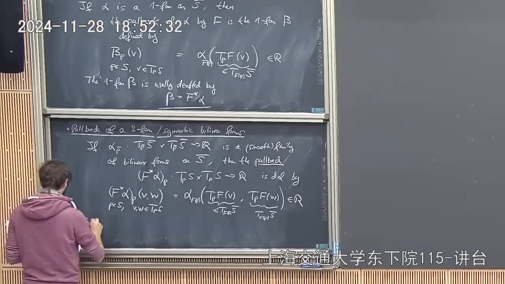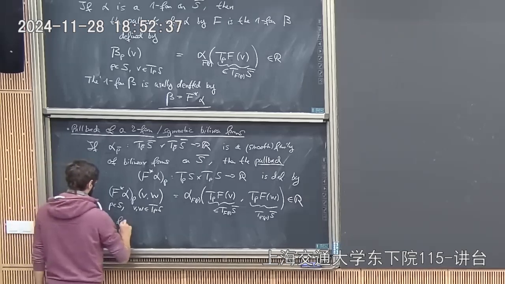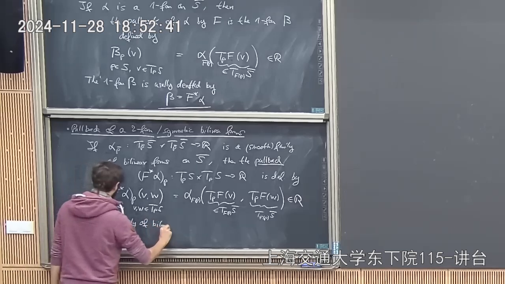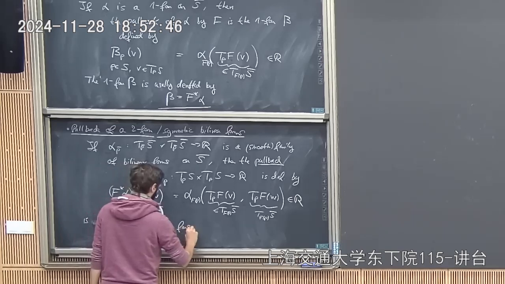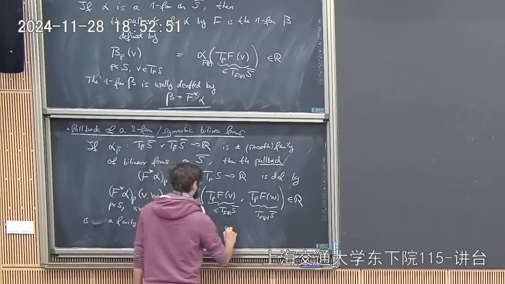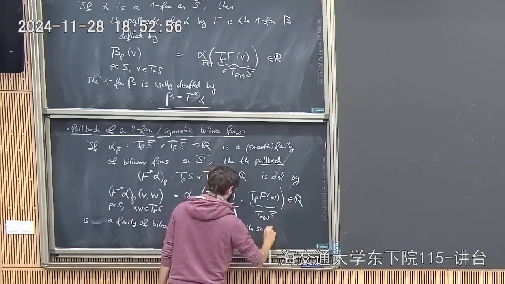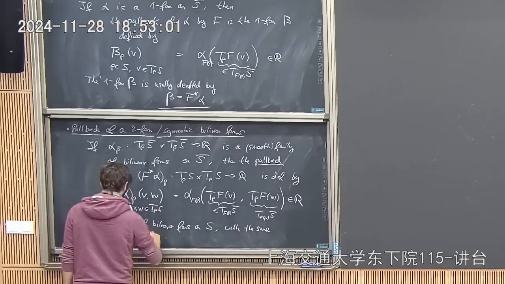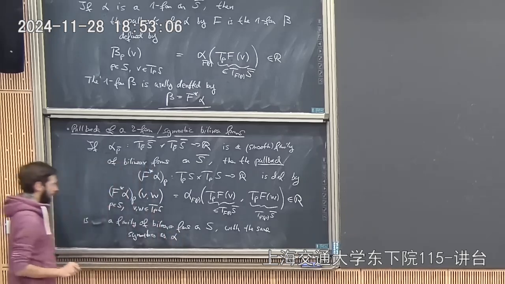And so there is again a family of bilinear forms, but this time on S, with the same symmetries as alpha.